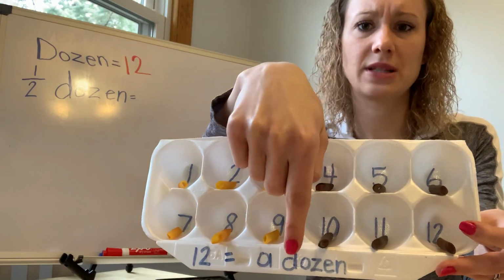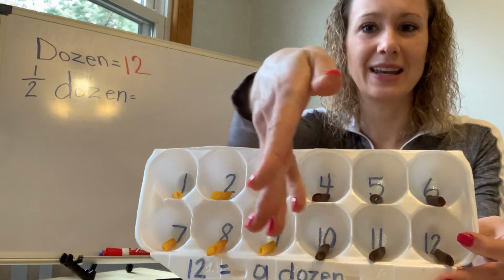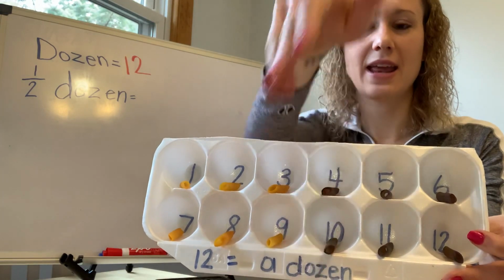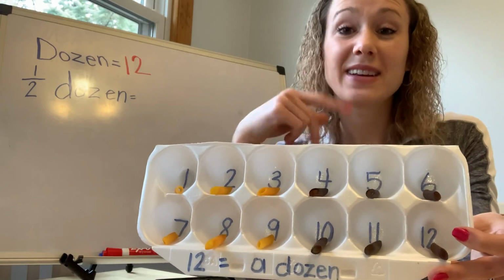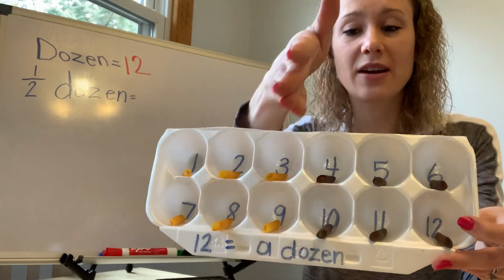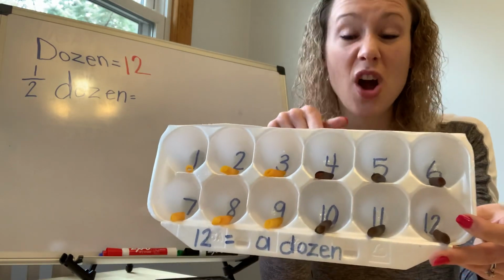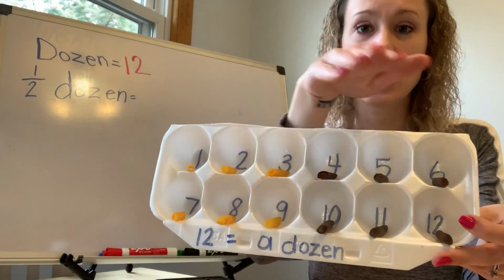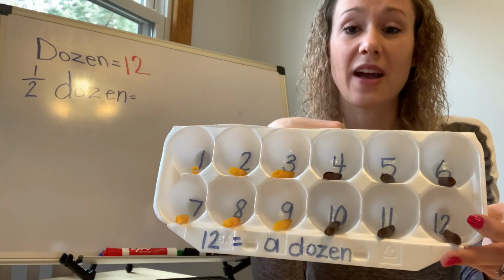What do you notice about right here? What would we call this line that cuts it right in half? We would call that a line of symmetry. So right here in my egg carton, I have a line of symmetry. It cuts it right in half because you know that 6 plus 6 makes 12. You know that doubles fact.